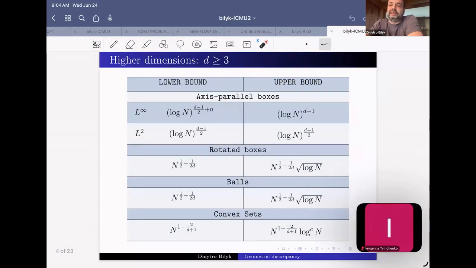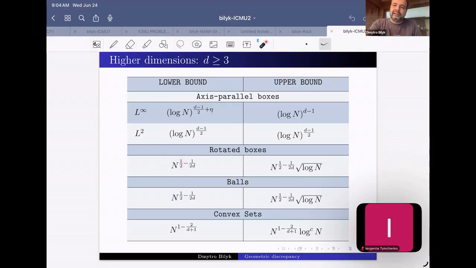In higher dimensions, still for axis parallel boxes, you get logarithmic discrepancy. As we discussed last time, you don't always know what the exact power of logarithm is, but we know that it's logarithmic. When you get to families with rotational invariance, you get some powers of n, and this power here is n to the 1/2 minus 1/2d. We briefly mentioned, and if you know some probability, it's quite natural to understand that for random sets, the discrepancy is roughly of the order square root of n.